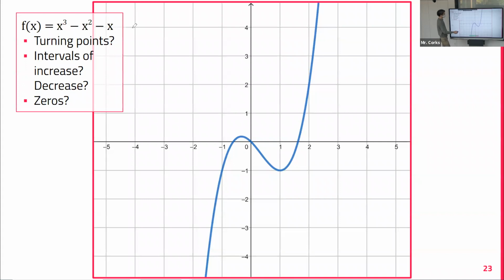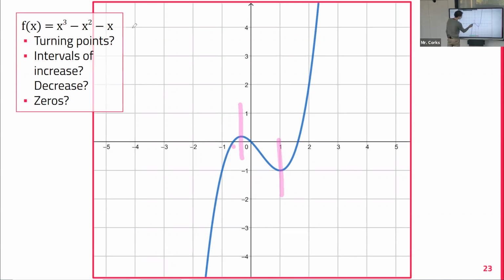Okay, so you see 2 turning points here. What is this first turning point? Minimum or maximum? A maximum and a minimum. Okay, so we have 2 turning points. So how many intervals of increase or decrease do we see? 3.